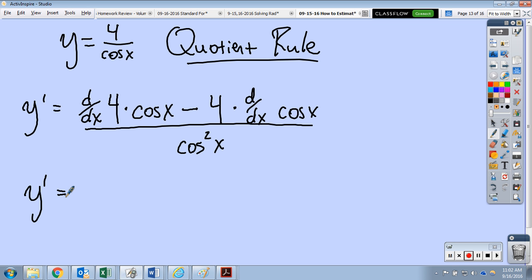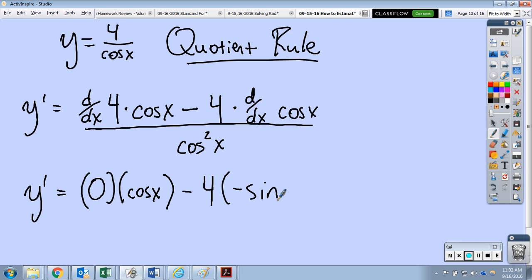Just so it's clear, the derivative of 4 is 0, so we have 0 times the cosine of x, minus 4 times the derivative of cosine, which is negative sine, all over cosine squared x.